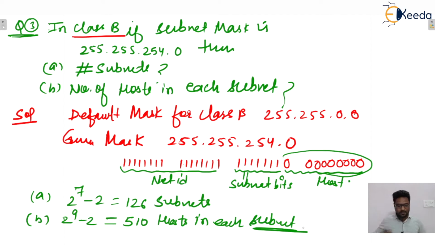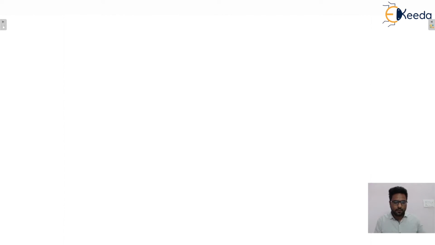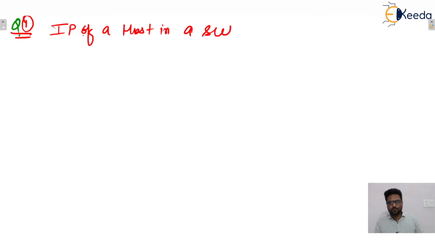Next question, question number 4. Let's say one IP address is given to you, the IP of a host in a subnet.